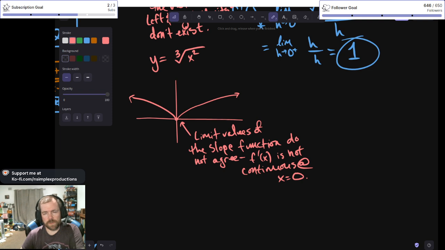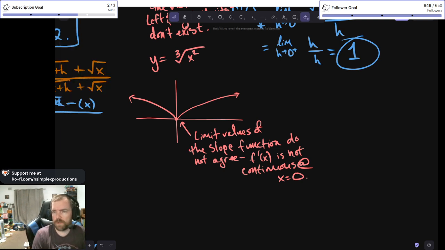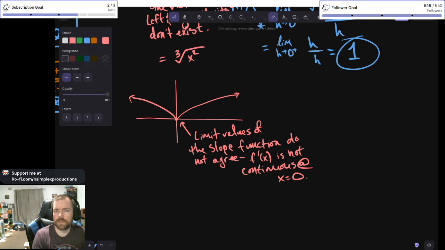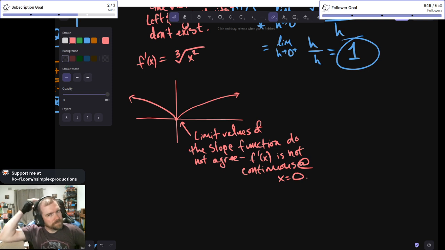Right, limits of the slope function do not agree, therefore f prime at x, if we define this as f prime, is not a continuous function at x equals 0. It's not going to work. Right, same deal. These are called cusps.